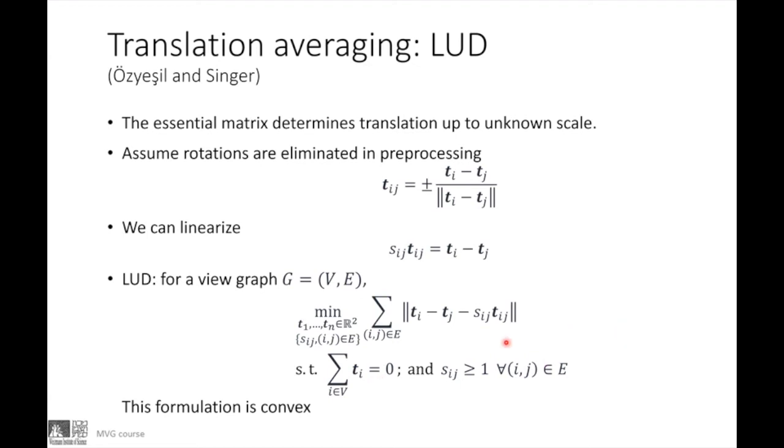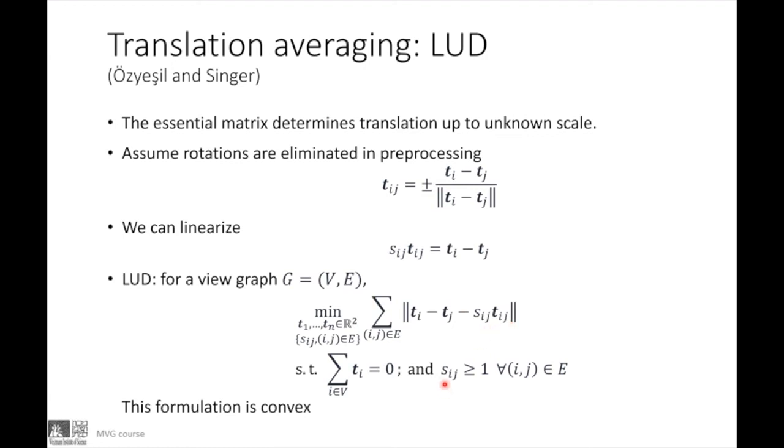Another thing is that one solution to this minimization is that we choose everything to be 0, right? Tij is given, but I can choose the scale factor and Ti and Tj to be 0, and I minimize this equation. So I want to bound it away from 0.